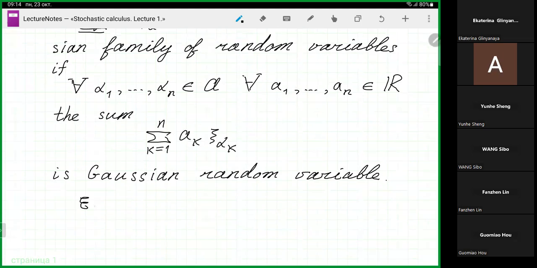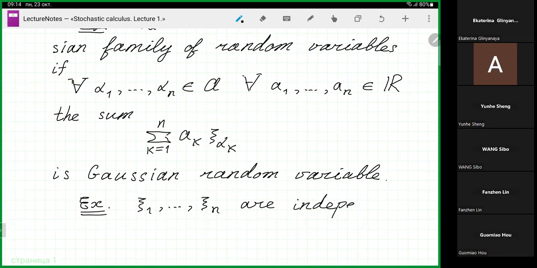Example. Let me take psi 1, ..., psi n, a finite number of random variables with such properties. Suppose that they are independent and Gaussian random variables.